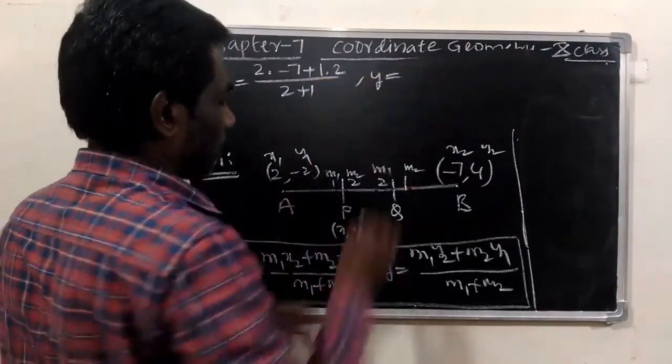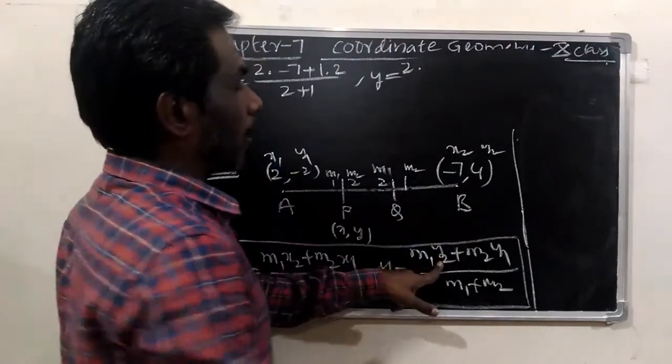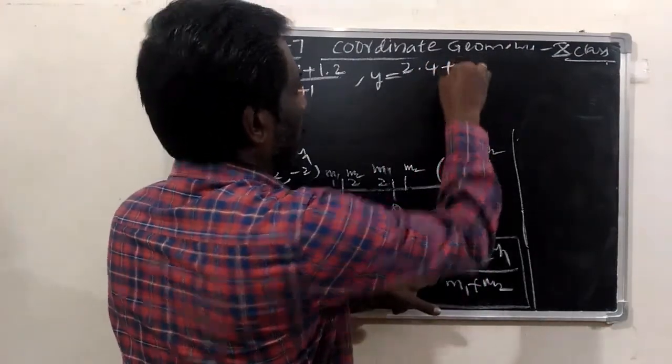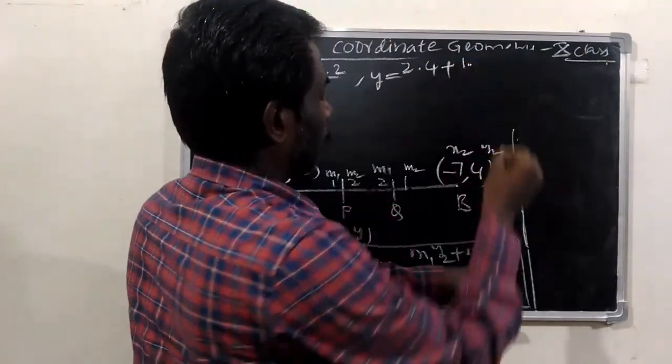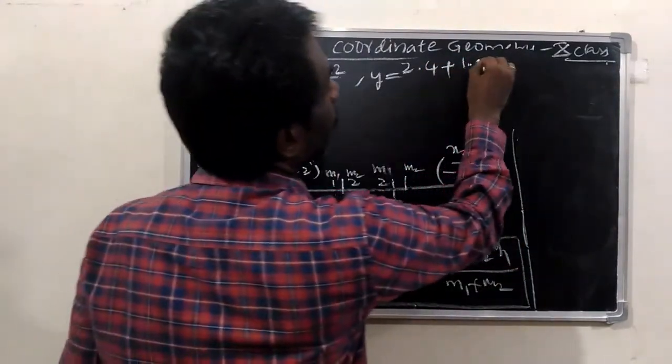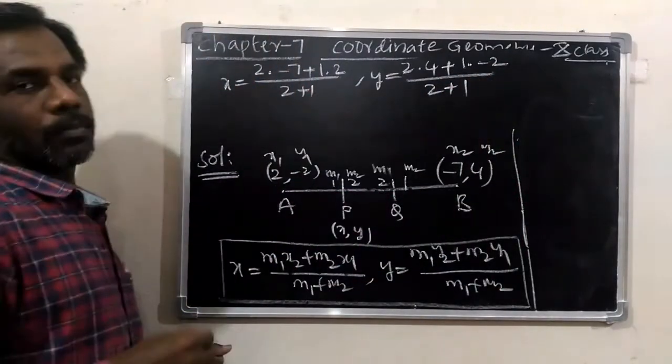And y equals m1, which is 2, into y2, which is 4, plus m2, which is 1, into y1, which is -2, by m1 plus m2.